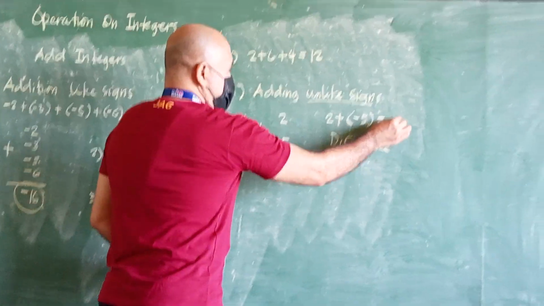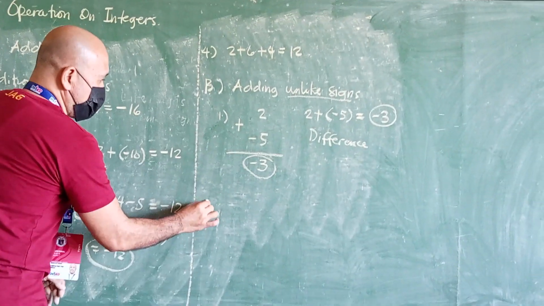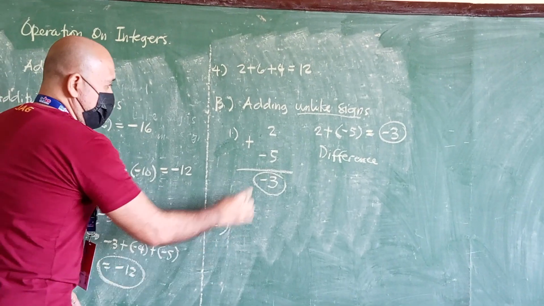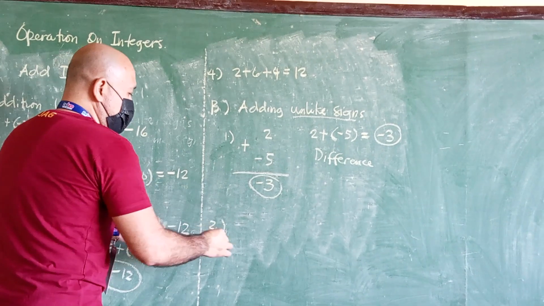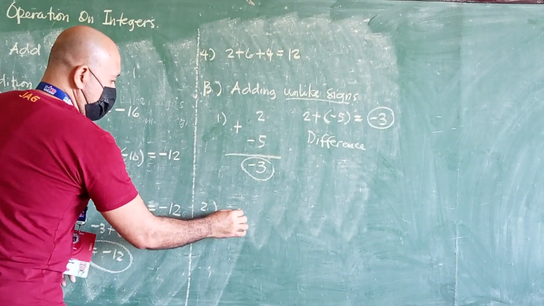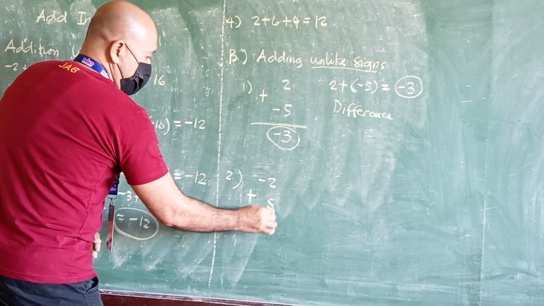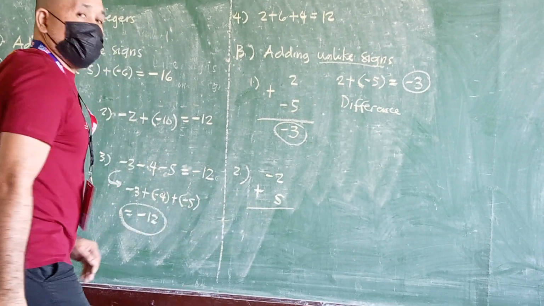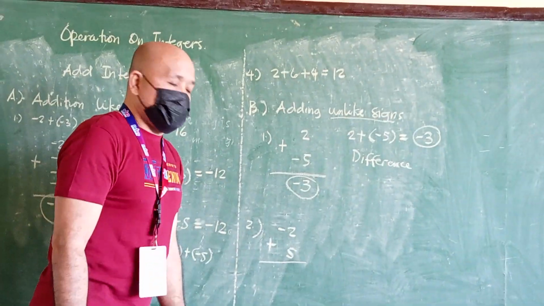So this is negative 3. Another one. Using the same integers, but we will switch the signs. For example, you have negative 2 plus positive 5, so that you can see the difference in the result.